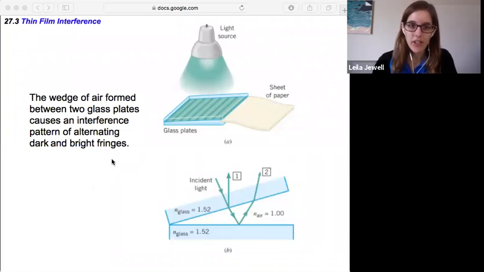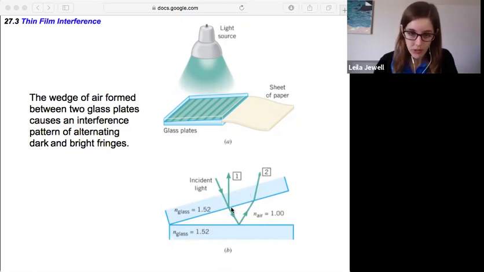Interestingly, you can get this effect just by having air as your thin film. So there's a wedge of air formed between two glass plates, where the plates are just offset by a sheet of paper. That's super thin, right? But that's enough that the light could come in and go through the glass and reflect off of that air boundary, as well as reflect off of the lower glass boundary.